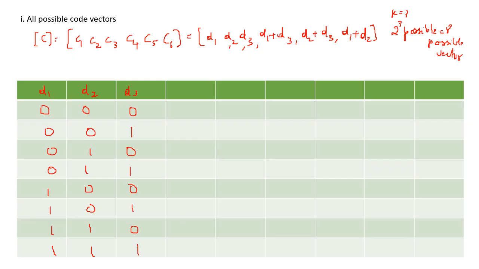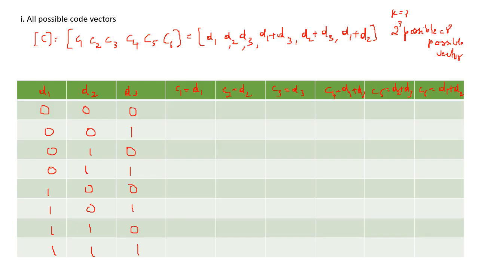As per the equation, C1 equals D1, C2 equals D2, C3 equals D3, C4 equals D1 plus D3, C5 equals D2 plus D3, and the last bit C6 equals D1 plus D2. Remember that this plus is nothing but the XOR operation.